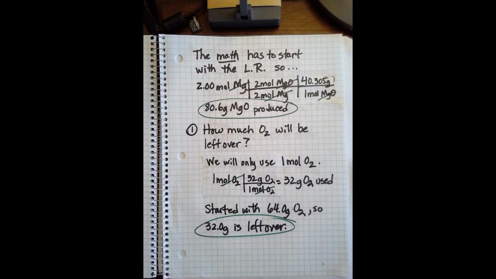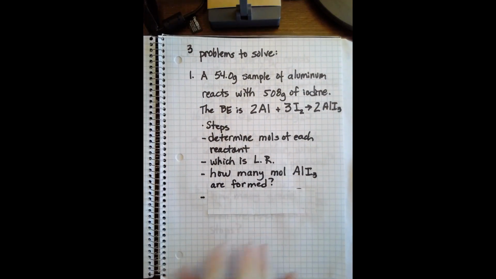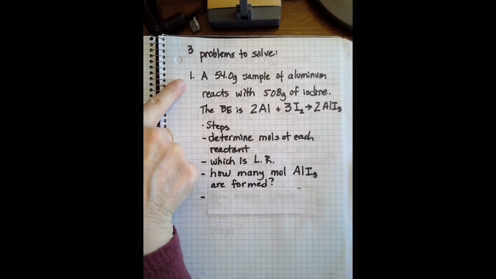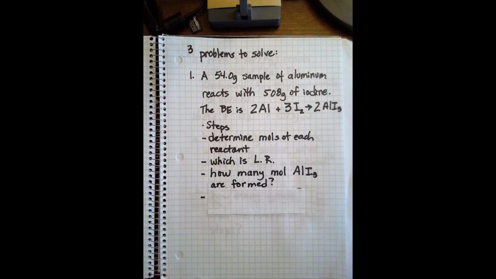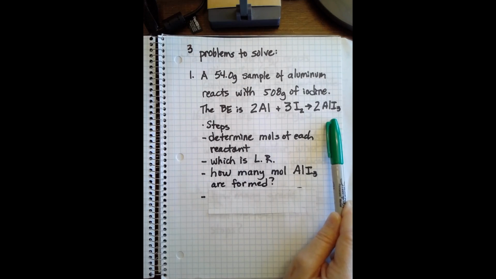And now, here is your assignment. You have 3 questions to answer. A 54-gram sample of aluminum reacts with 508 grams of iodine. The balanced equation is given for you here. Please put the balanced equation in your work. You will lose points if you do not write that down.